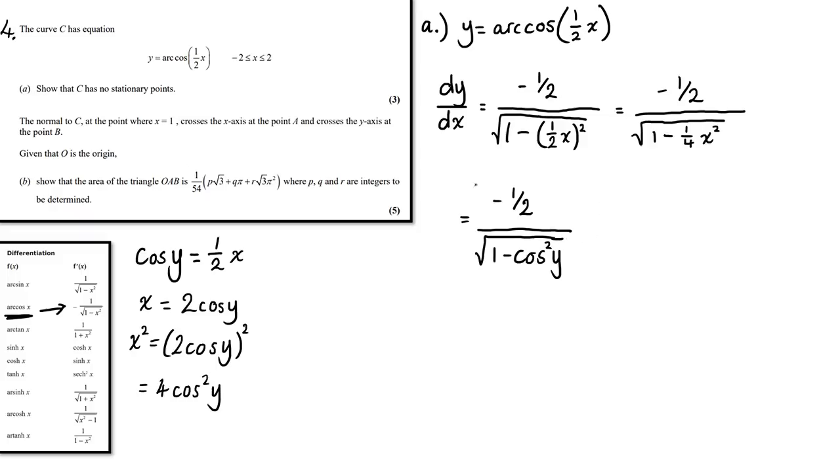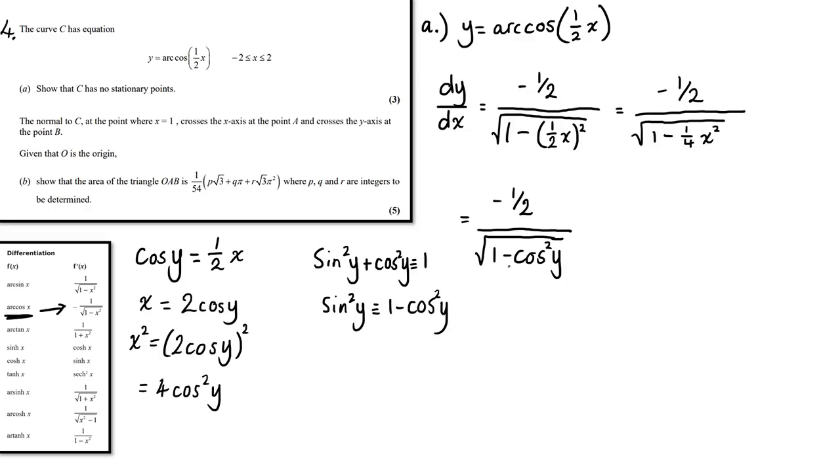From here, hopefully you're spotting something promising, and that's that we've got the square root of 1 minus cos squared y. We know our basic trig identities: sine squared y plus cos squared y is identical to 1. We can rearrange that, so sine squared y is 1 minus cos squared y.